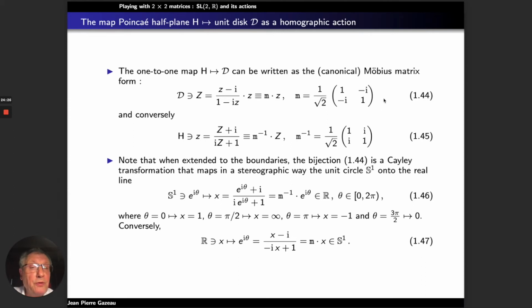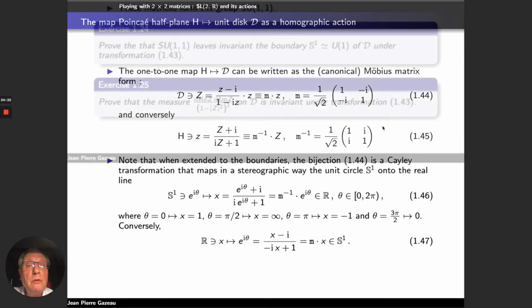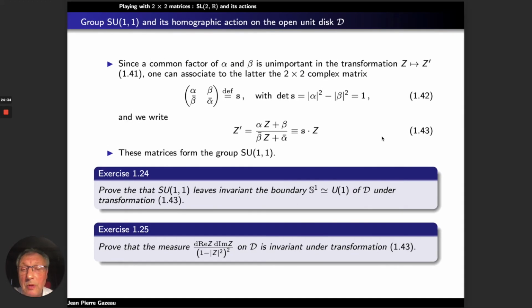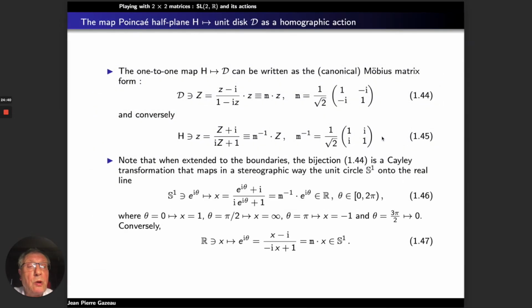But of course, they don't belong to the group SL2R, and no, they don't belong to the group SU(1,1) as well. Actually, they belong to the group SU2.